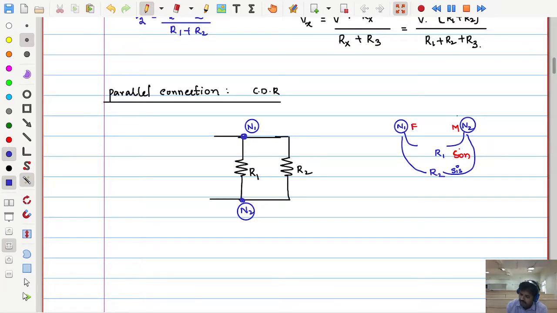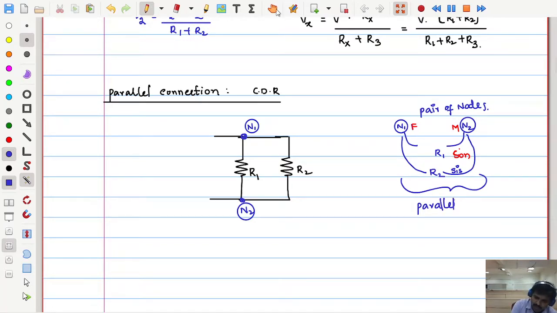So when you find this kind of thing, when two elements are having the same pair of nodes, you can understand that those are connected in parallel.